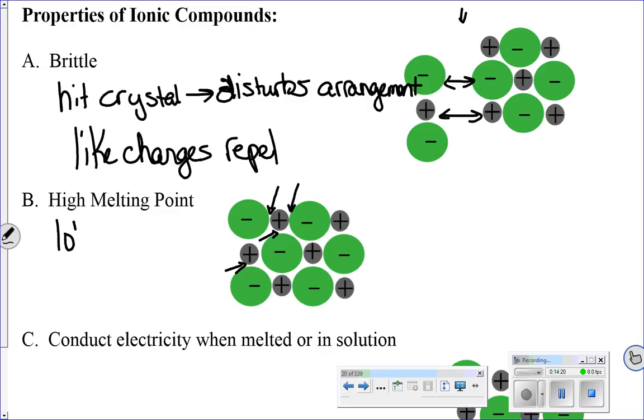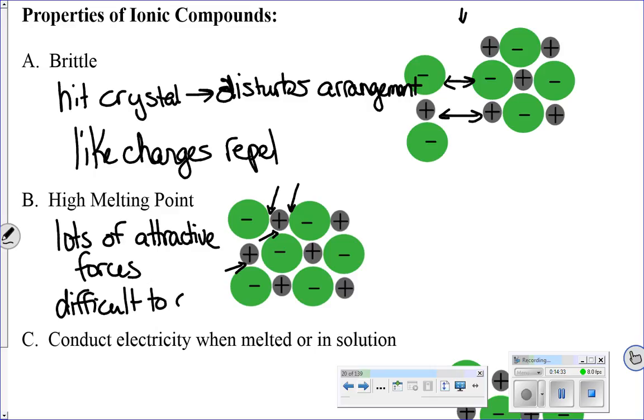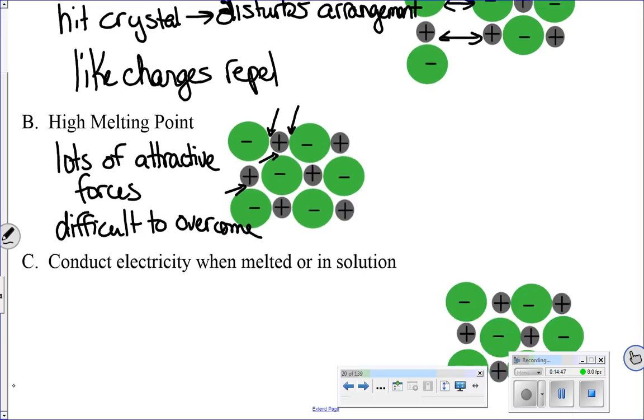So there are lots of attractive forces that are difficult to overcome. It takes a lot of energy to take this solid and melt it and allow those particles to move apart from one another. There's just a lot of intermolecular forces.